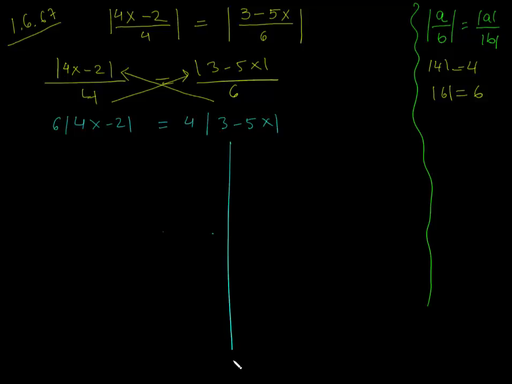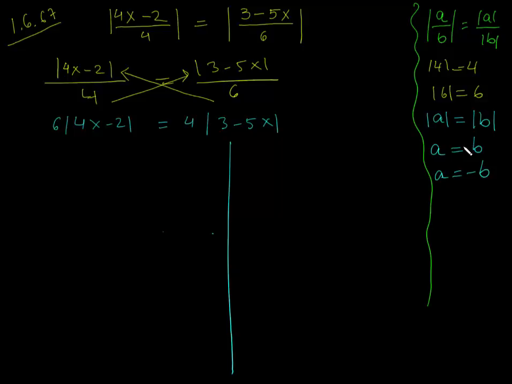Now this is where we're going to create two equations, because we know that absolute value of a equals absolute value of b means a is either positive b or negative b, right?